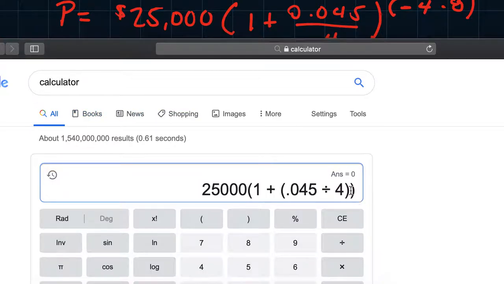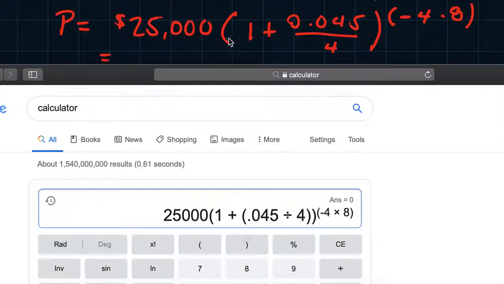Close both parentheses, the one here that I'm putting this fraction in, and then I'm adding 1 to it, and then I'm closing this parentheses. Then remember you've got to raise it, and we must have a parentheses here. Okay, this is not optional, because if you don't put the parentheses, it's only going to raise it to the negative 4. So negative 4 times 8.